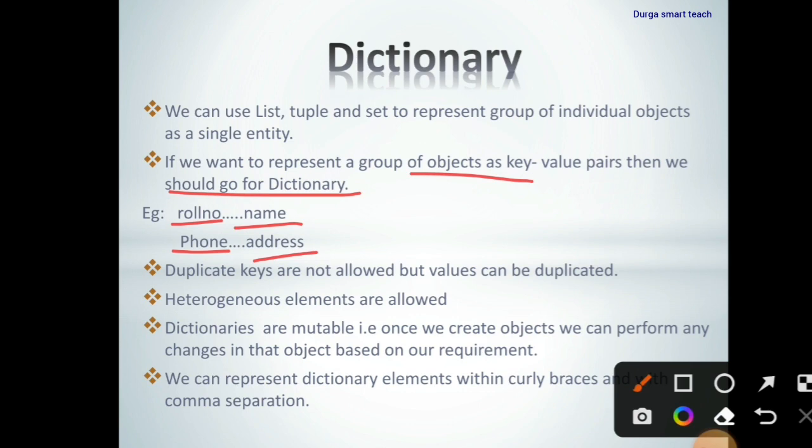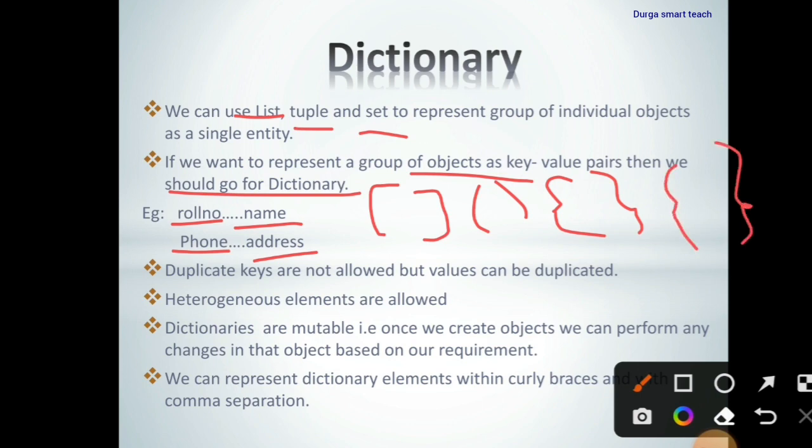Lists are represented by square brackets, tuples are represented in parentheses, sets are represented in flower braces, and dictionary is also represented in flower braces. The difference between set and dictionary is that sets contain a group of individual objects, but dictionary contains a group of individual key value pairs.